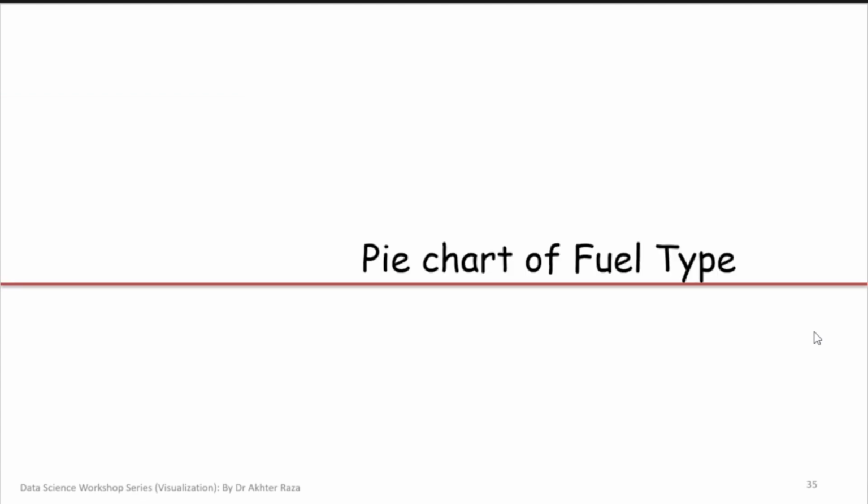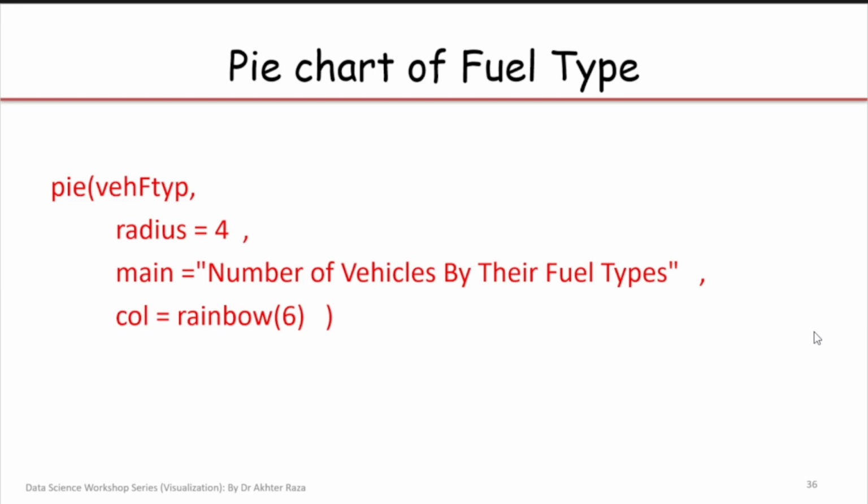Now, pie charts. The same function can be used, but you can include one additional feature: the radius. By default, the radius is 0.8. If you want to make a bigger circle, it can be more than 0.8. I use 4 as the radius.